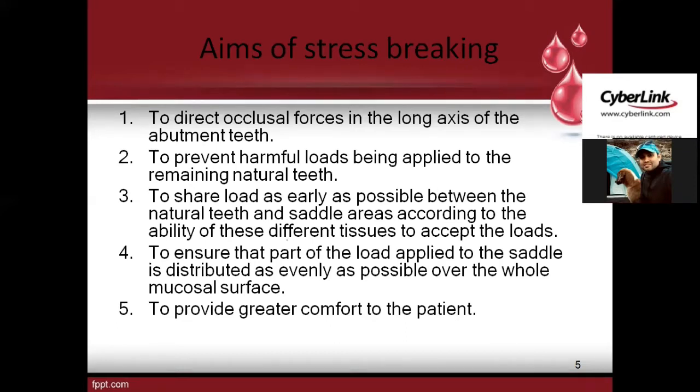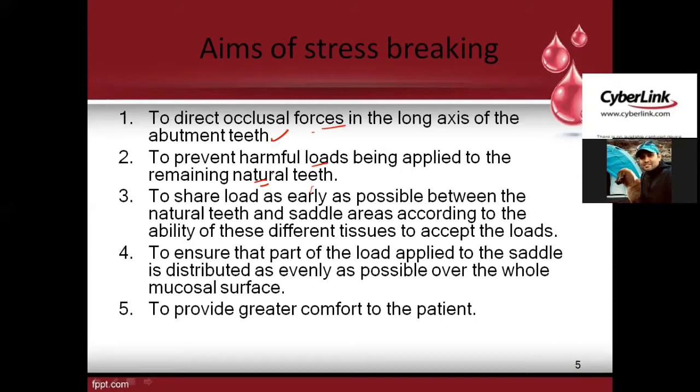The aim of the stress breaker is to direct occlusal forces in the long axis of the abutment teeth to prevent harmful loads being applied to the remaining natural teeth, so as to distribute the force uniformly on the hard and soft tissue, to share load as early as possible between the natural teeth and saddle area according to the ability of these different tissues to accept the loads, and to ensure that part of the load applied to the saddle is distributed as evenly as possible over the whole mucosal surface.